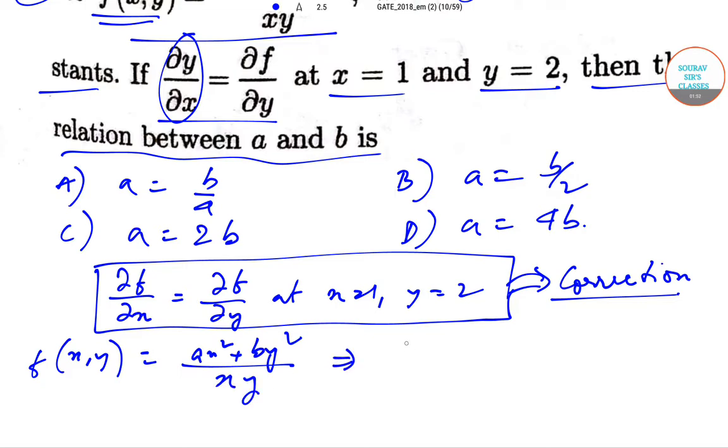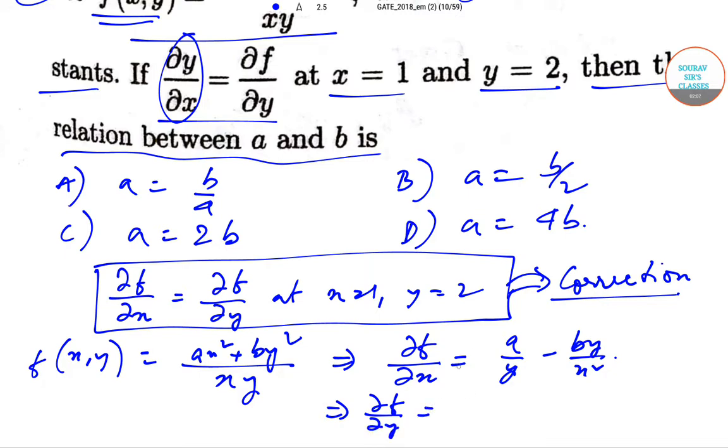That implies that del f by del x will be given by a by y minus b y by x square. Similarly, del f by del y will give us minus a x by y square plus b by x. So now these two are equal.